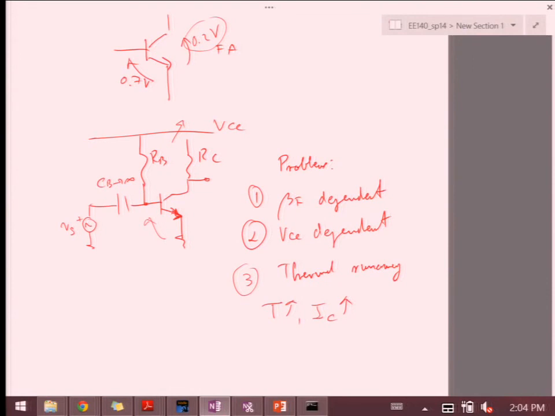And that one gets multiplied by the beta factor. So you essentially get, again, because of that increase in IC, temperature increases, and then again this increases and your transistor explodes. Okay, so you can do this a few times in the lab, and you'll see what I'm talking about.